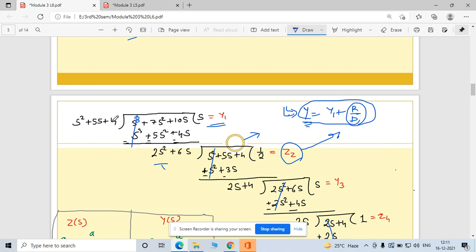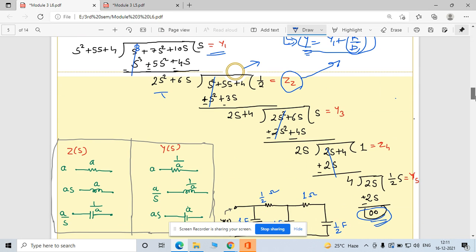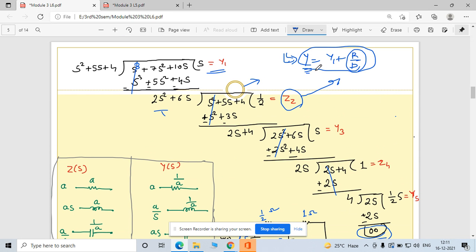There is a trick: once you get the admittance function first, the second is always impedance, then admittance, then impedance, and so on, numbering 1, 2, 3, 4 accordingly.